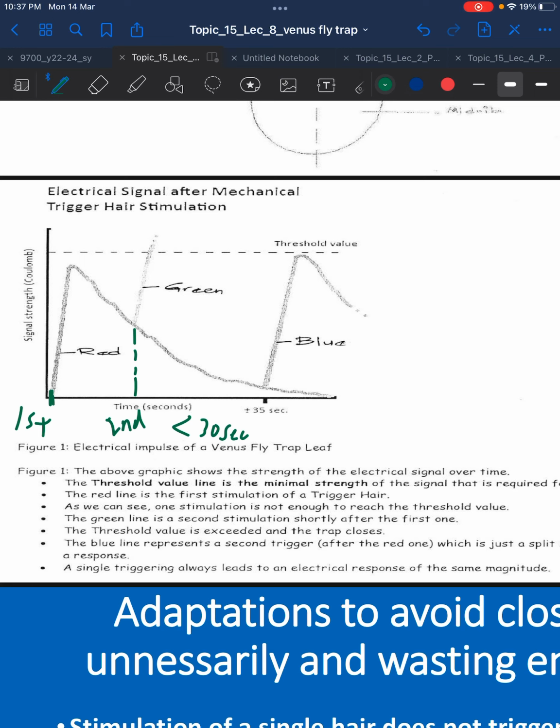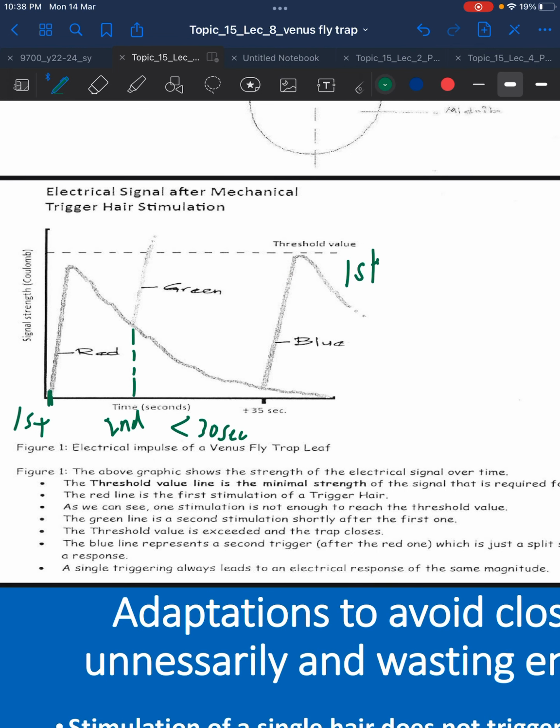If there's another stimulus, like this one here, after 30 seconds, then this becomes the first. It goes back to the first stimulus because it's reset. Yeah, the time is reset because it's beyond 30 seconds. 35 seconds is too long already.